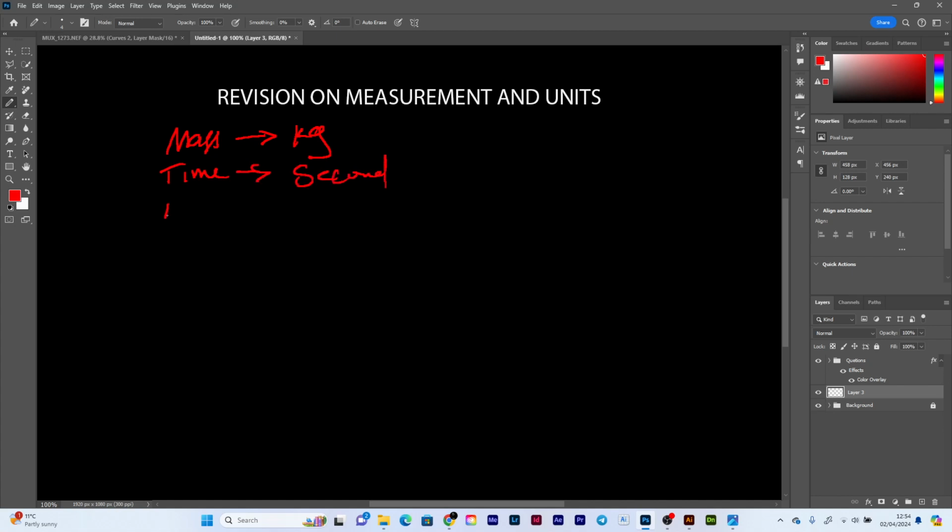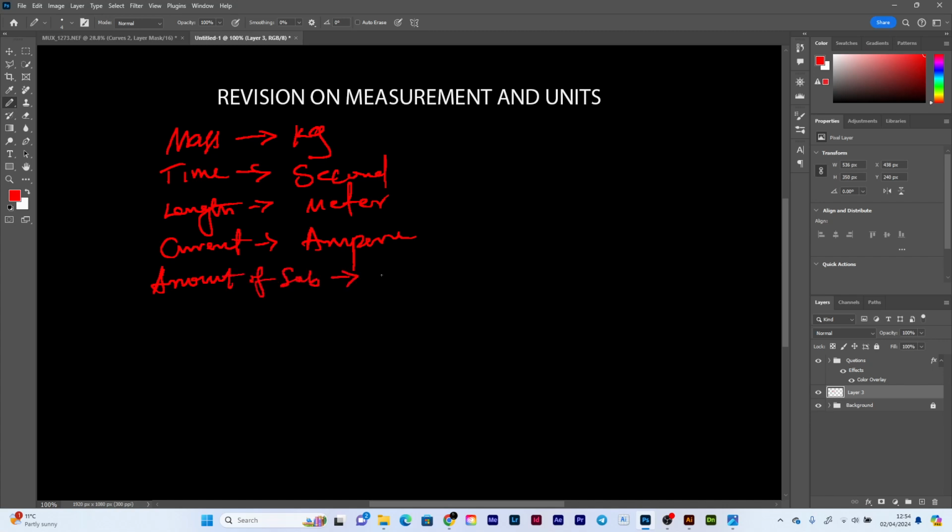Then for length, we have the meter. For current, we have the ampere. For amount of substance, which is also a fundamental quantity, we have the mole.